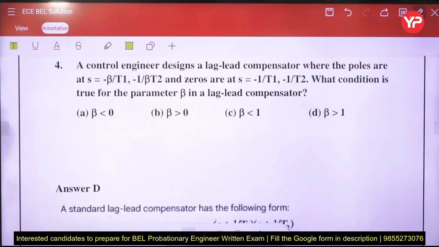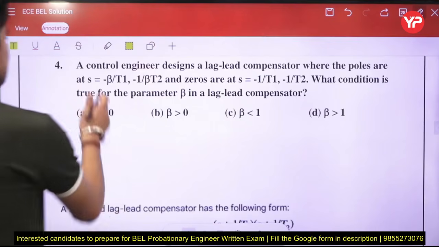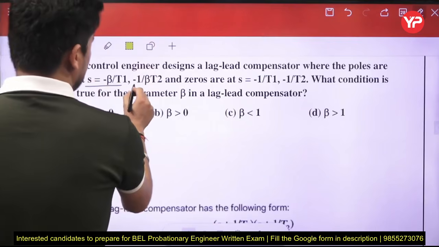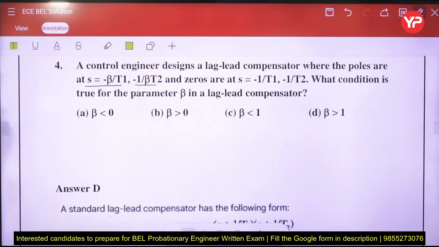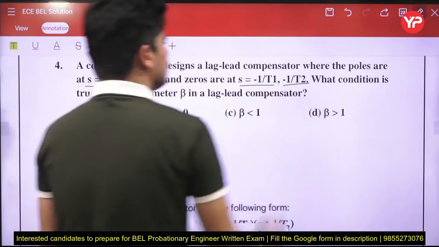A control engineer designs a lag-lead compensator where the poles are at S equals minus beta upon T1 and minus 1 upon beta T2, and the zeros are at minus 1 upon T1 and minus 1 upon T2.